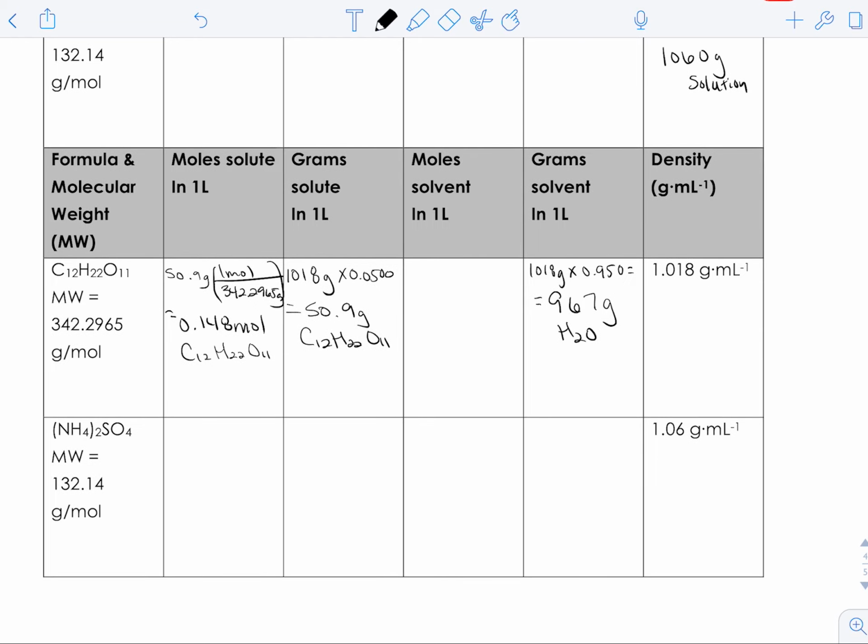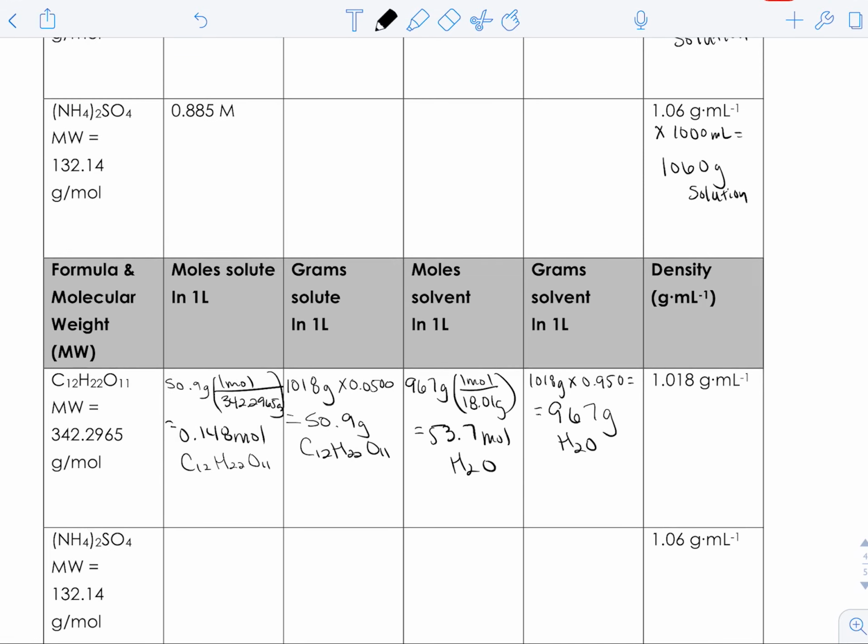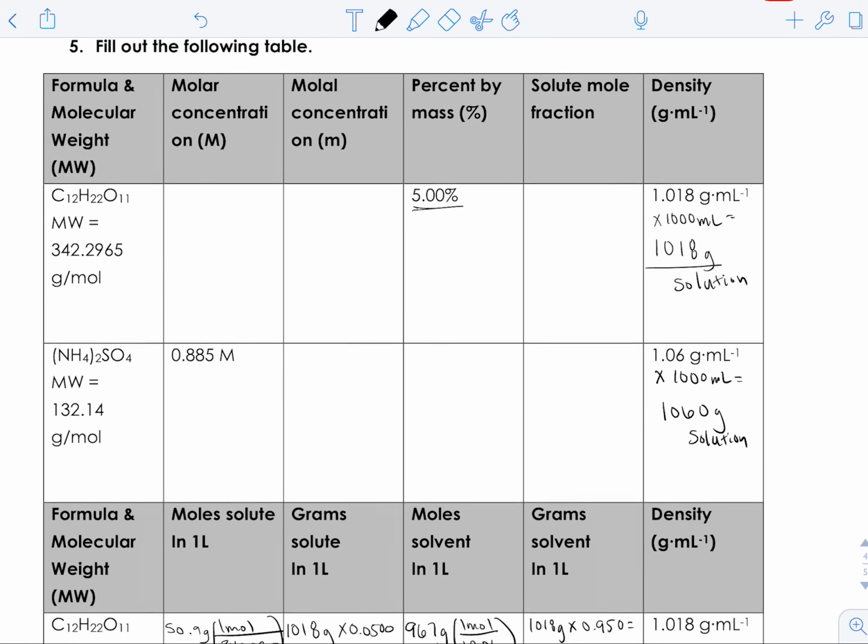Same thing with my water, so I could take my 967 grams of water, use my molar mass of water to convert into moles of water. Okay. And now that I have these pieces of information, I can solve for all of the rest of it.